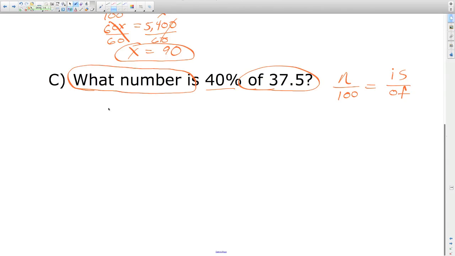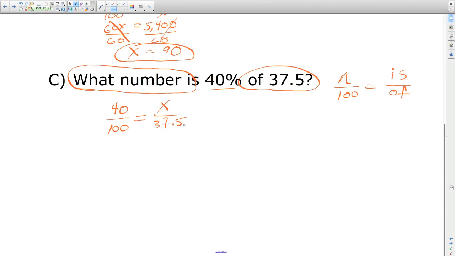We're given the percent, 40%, so 40 over 100 is equal to what number x is. What number is, so that tells us x over 37.5.